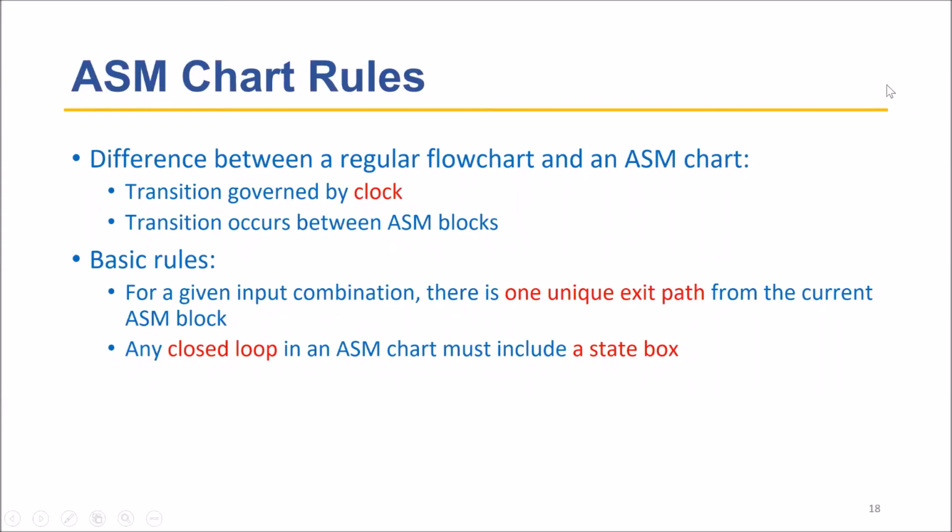There are some rules in an ASM chart. First, transitions are governed by the clock, and transitions only occur between ASM blocks. For each input, there is only 1 path to the output, and you cannot have a closed loop in an ASM chart unless it includes a state box.